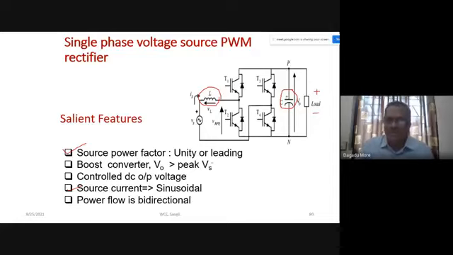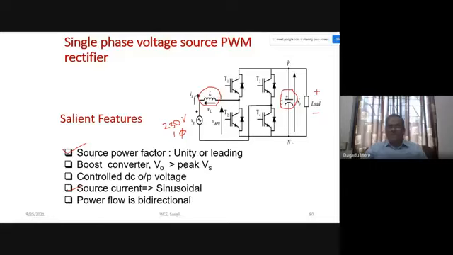Maybe we can take 1.5 times the peak value of the supply, but definitely it should be at least the peak value. Let us assume we have a 230 volt single phase AC supply.